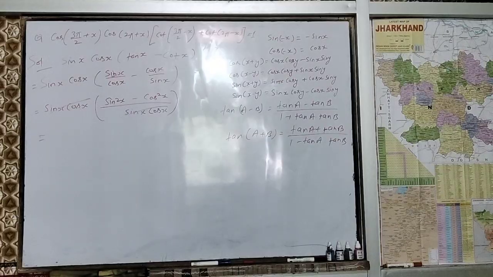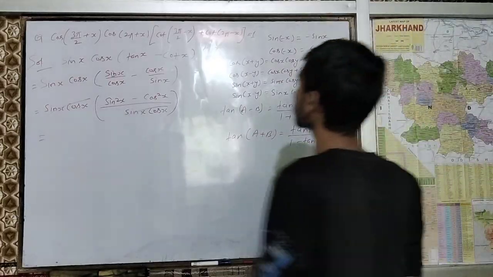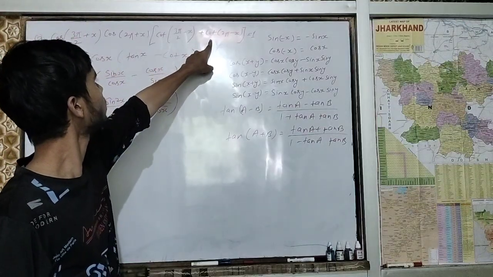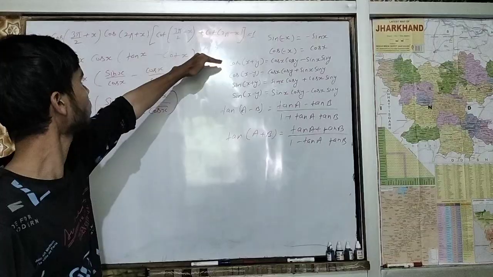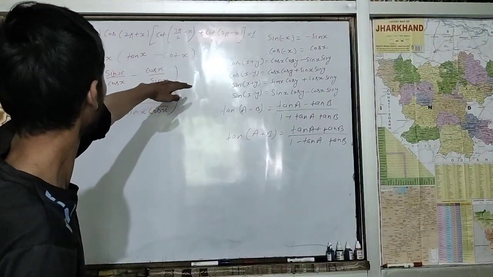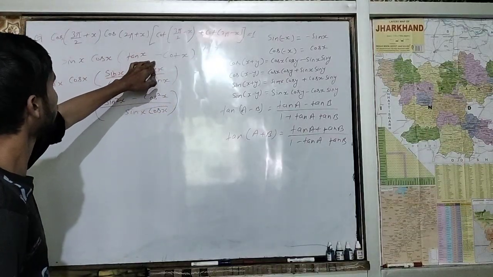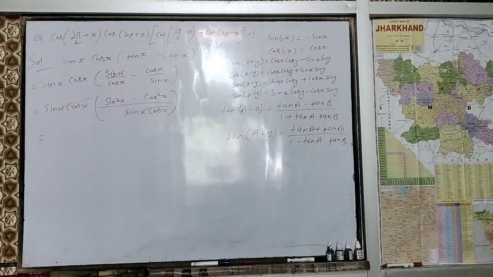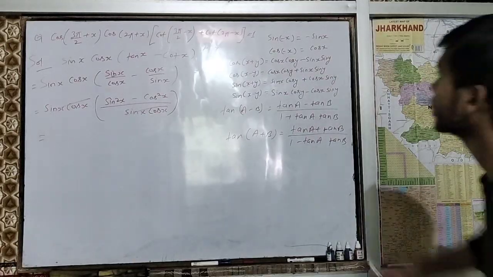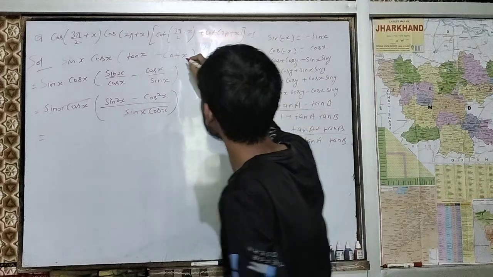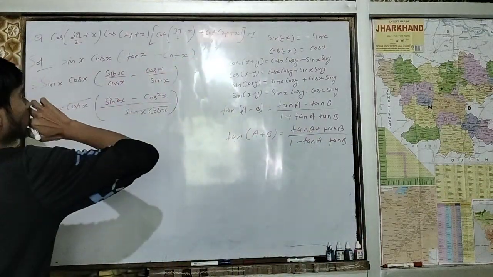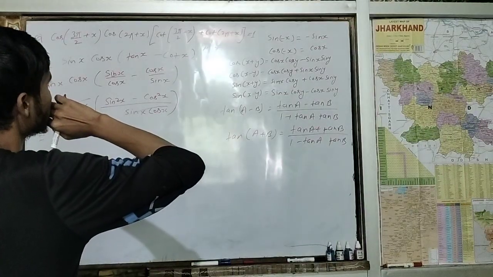Operator should be positive. Let me check. It is cot, and this is coming in the fourth quadrant. It was already positive, now it is going positive.